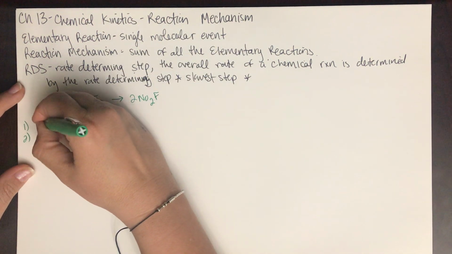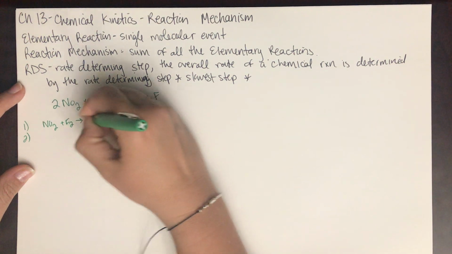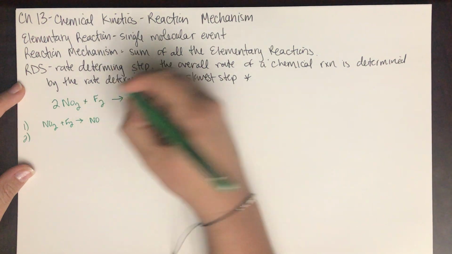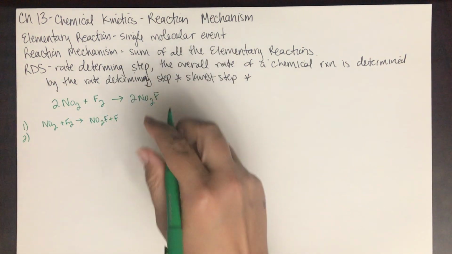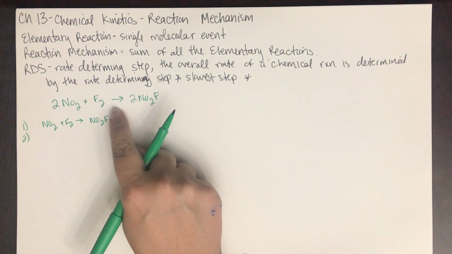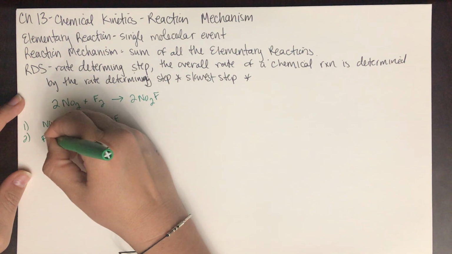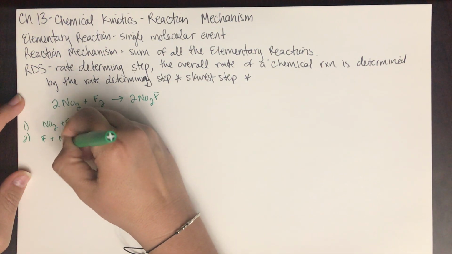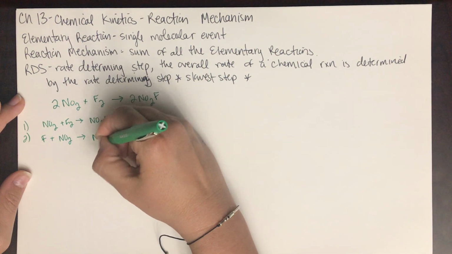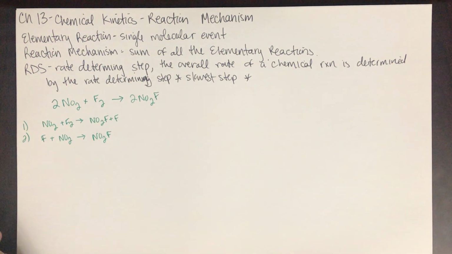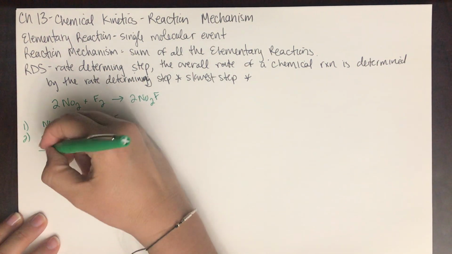The first step, nitrogen dioxide plus fluorine, gives me nitrosyl fluoride plus 1 fluorine. We know this doesn't exist by itself. The second step is that 1 fluorine plus nitrogen dioxide produces a second nitrosyl fluoride.